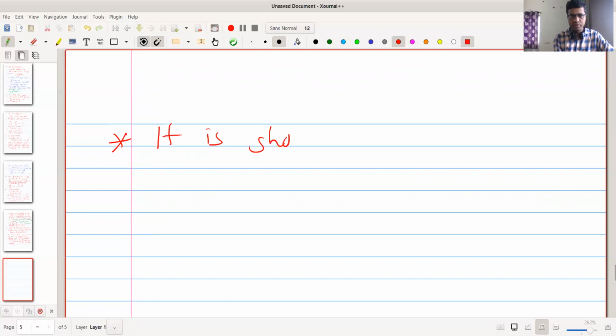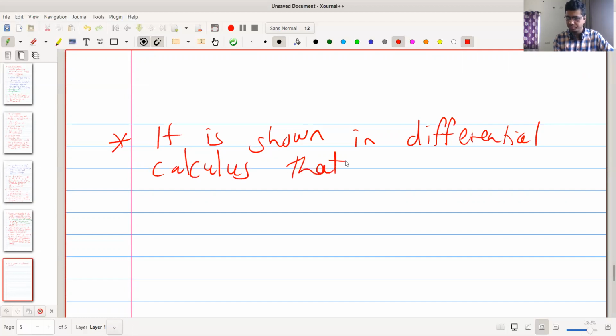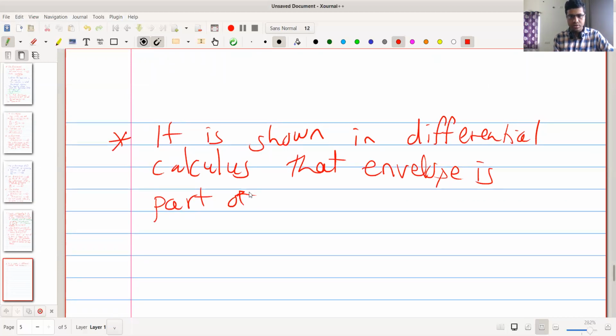It is shown using techniques in differential calculus that the envelope is part of the c discriminant solution.